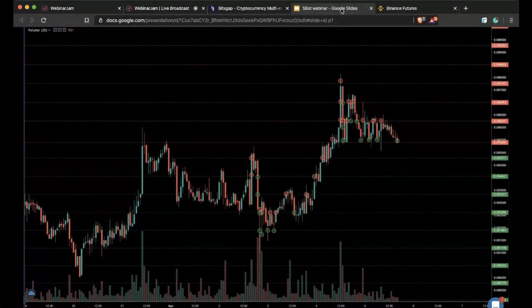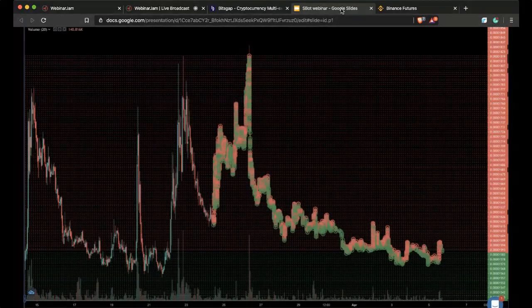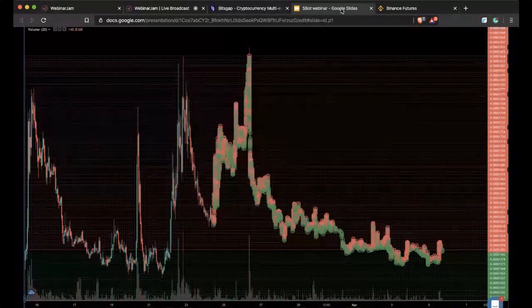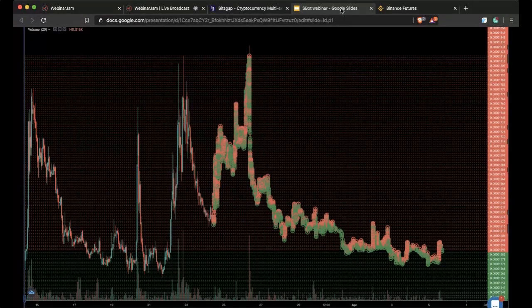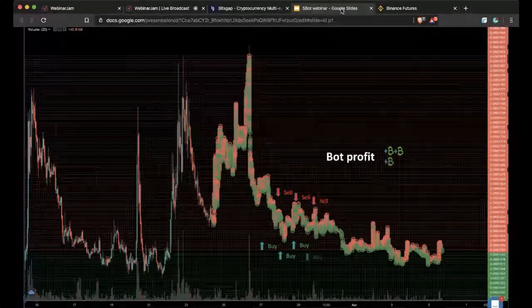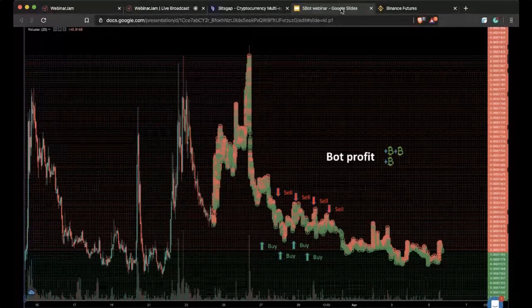So it turns out that HFT is the solution. Manually, you just can't beat the high frequency algorithm. You can't make as many trades as the HFT bot does. So here's the example. You can see how many trades there were executed by the bot.